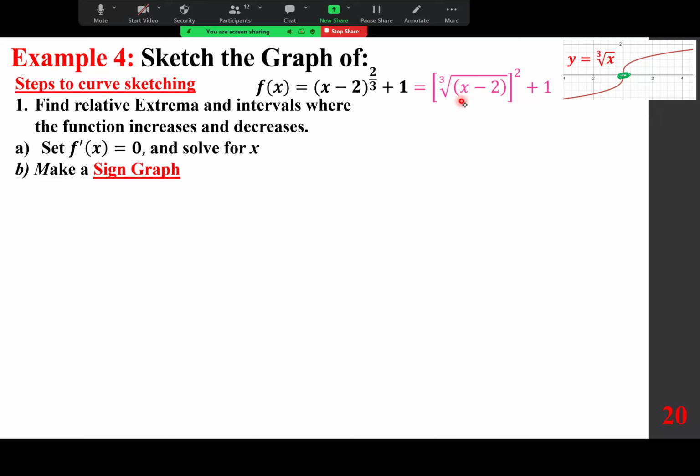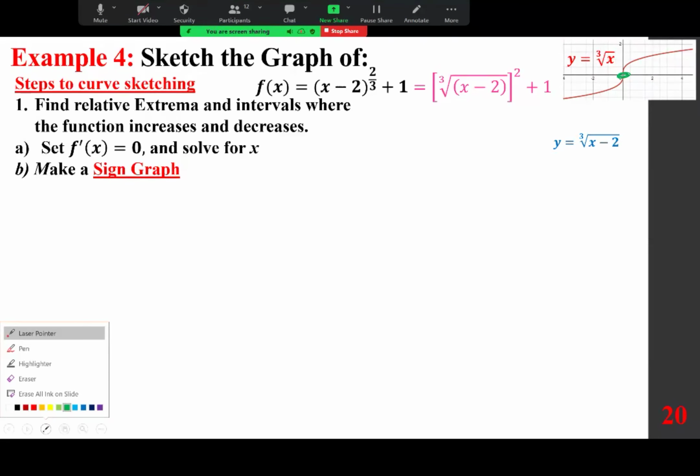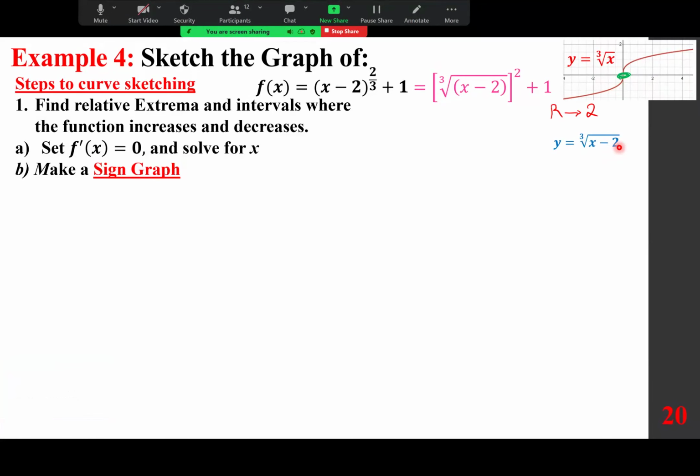So y equals cube root of (x minus 2), which means this graph shifts to the right by 2 units. The result is that the x-intercept, which was located at (0, 0), is now located at (2, 0).